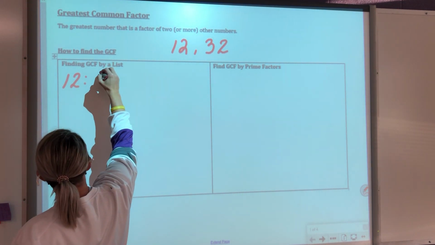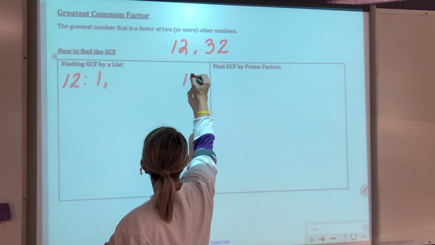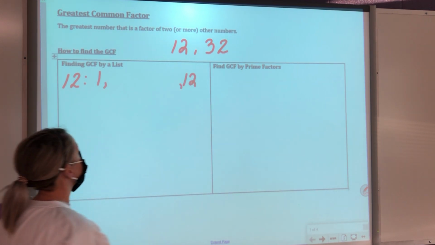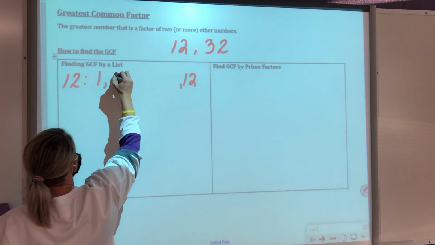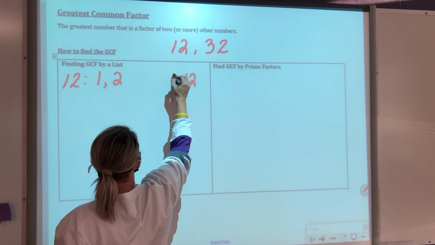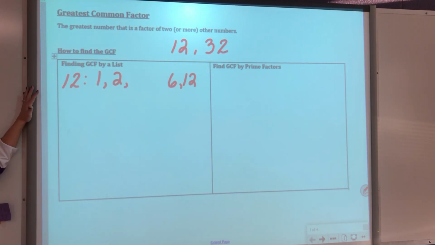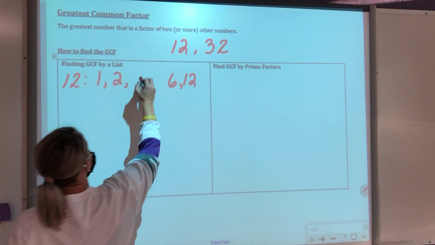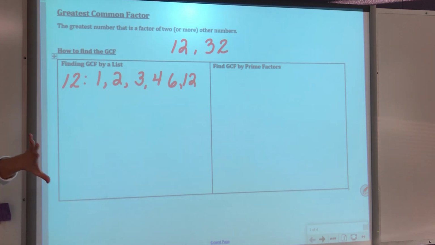Every number has a factor of 1 and itself. 12 is an even number, so it also has a factor of 2. So 2 times what gets us 12? 6. Good. And then how about 3? Does 3 work? Yes, because 3 times 4 is 12. So we created a list.